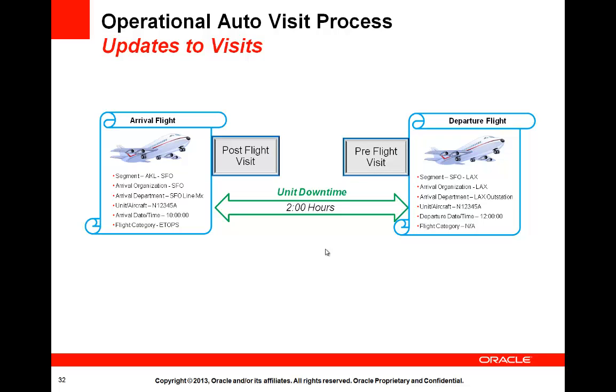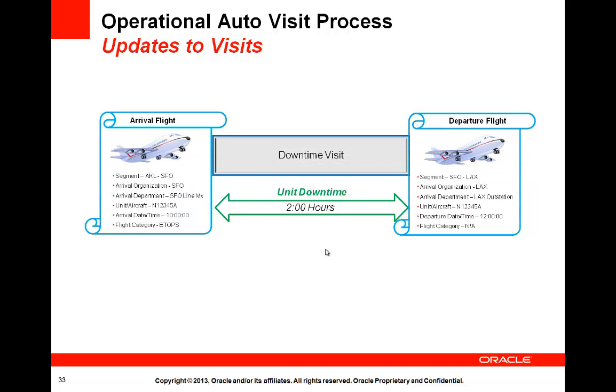One example may be just to keep the remaining visits in their places, and now you'll just have a bigger gap between the post-flight and pre-flight visit, which is perfectly acceptable. Another option may be to cancel those visits and create a downtime visit. In this example, we have an operational parameter row which has a minimum required downtime of 2 hours. So therefore, the pre-flight and post-flight visits would be combined into one new downtime visit.